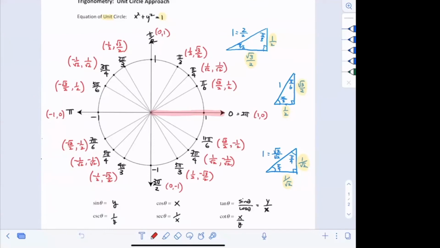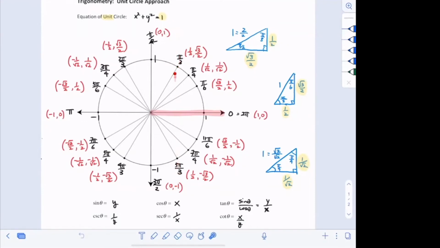The part I want to emphasize is that the unit circle has all these different angles, and the red parts are all the different points associated with the unit circle. And cosine is going to be the x values. So if you were to use the unit circle approach to solve when cosine is equal to 1/2, you just want to know what angles have an x value equal to 1/2.